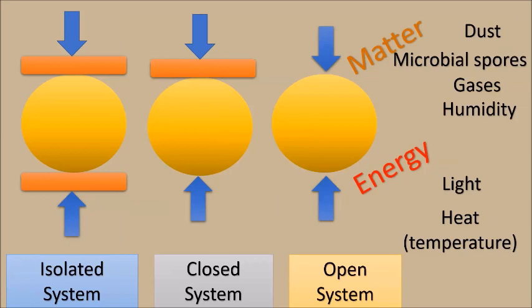And the energy that we'll be talking about is light and heat, where heat might cause temperature change, and we need light rather. So we want the light to pass through from the surroundings to the system.